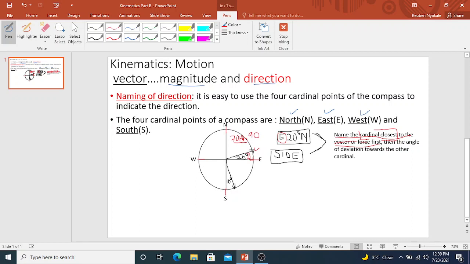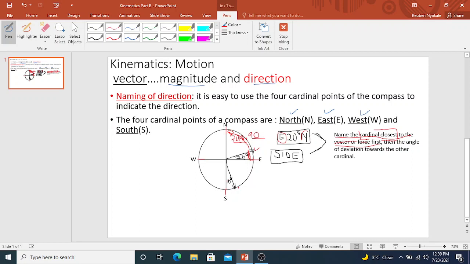The angle of deviation. East, 20 degrees what? North. East, 20 degrees what? North. Then it says the angle of deviation towards the other cardinal. And towards the other cardinal, it will be what? North. Because everything is occurring on what? On the first quad.